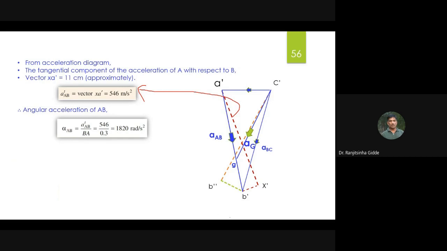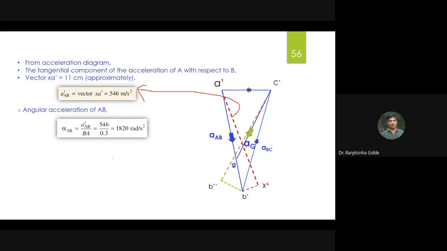Next line, vector x A prime is equal to, just by measuring whatever you got. So it is around 11 centimeter.